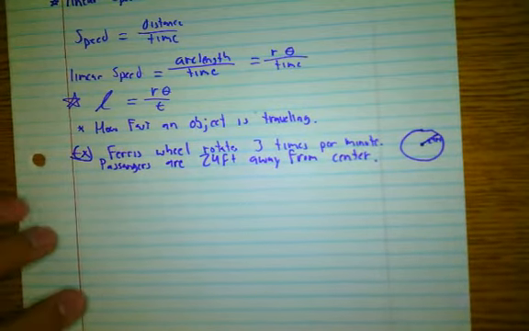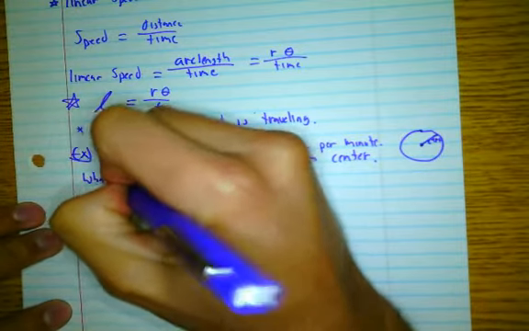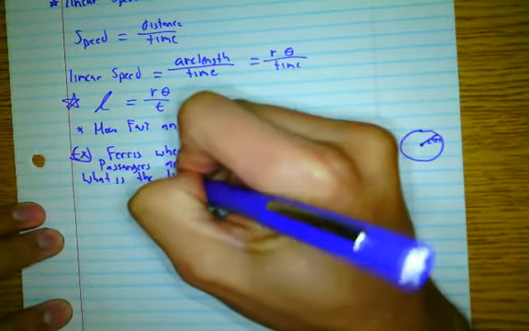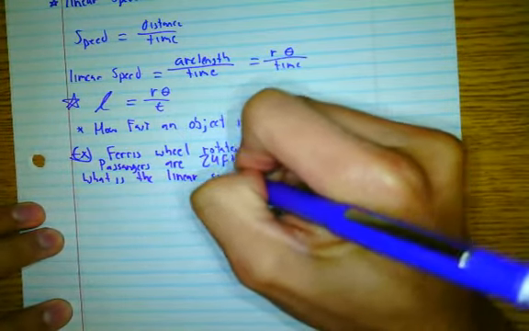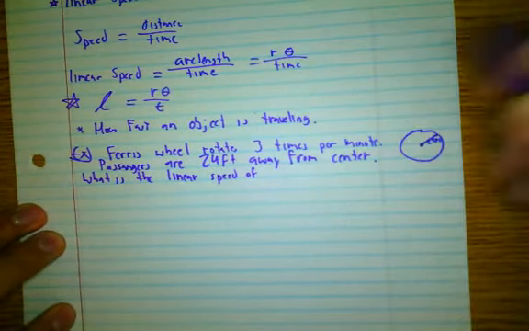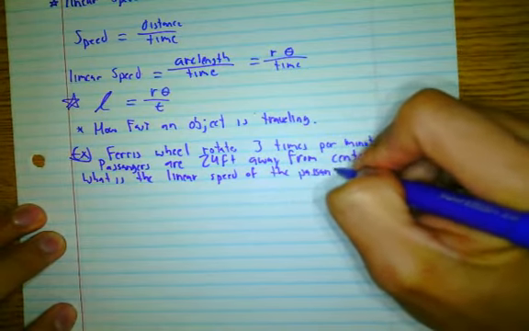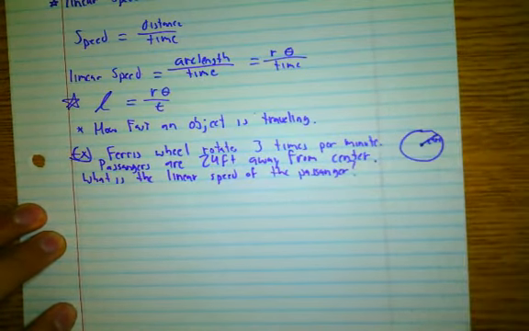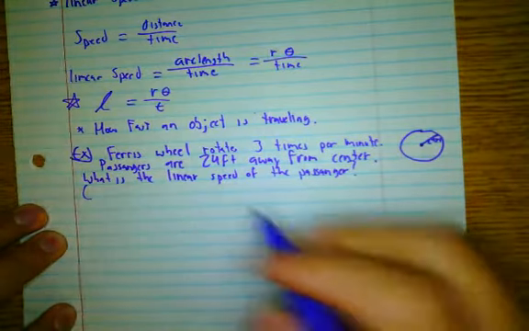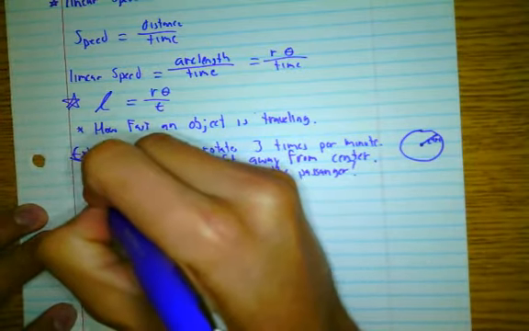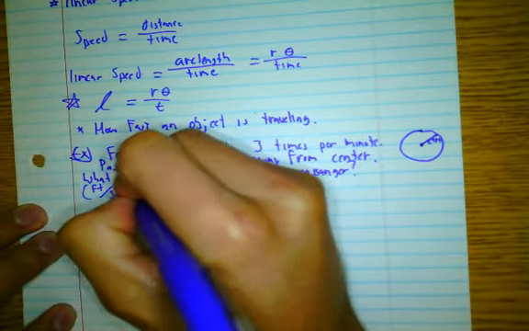The question to you is, what is the linear speed of the passenger? And I'm going to be more specific. I want you to have your answer in feet per second.